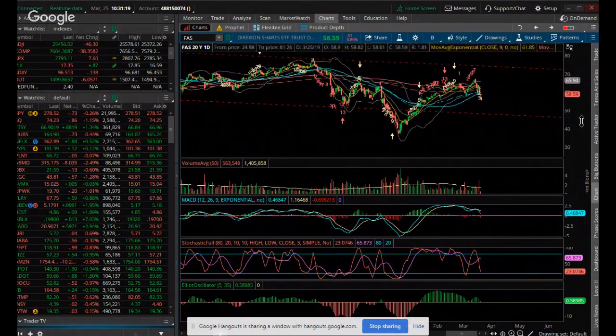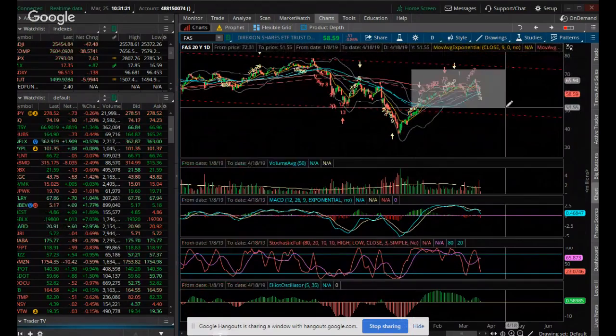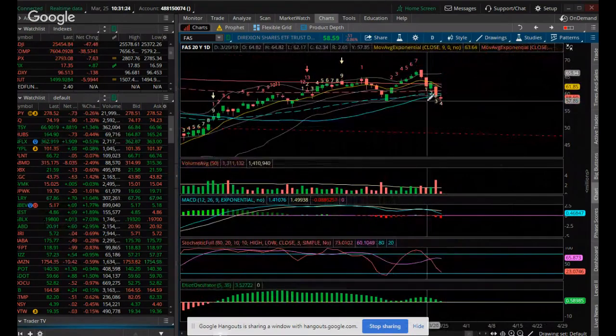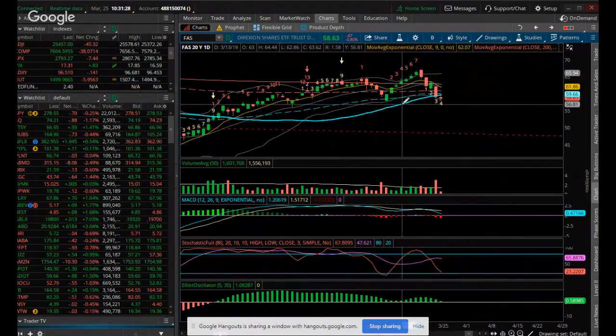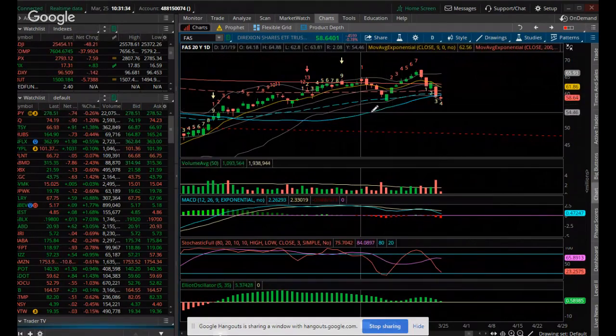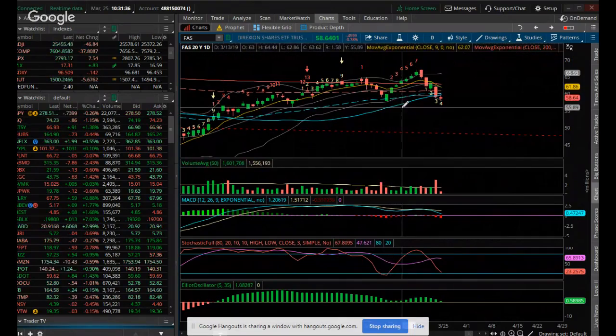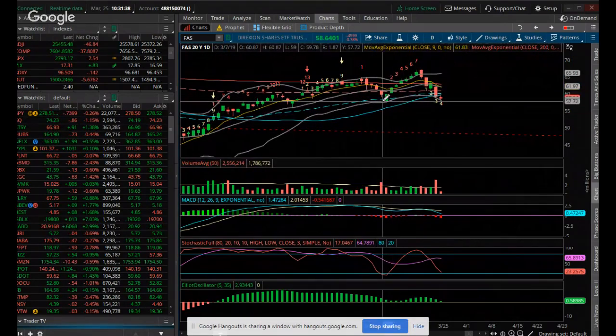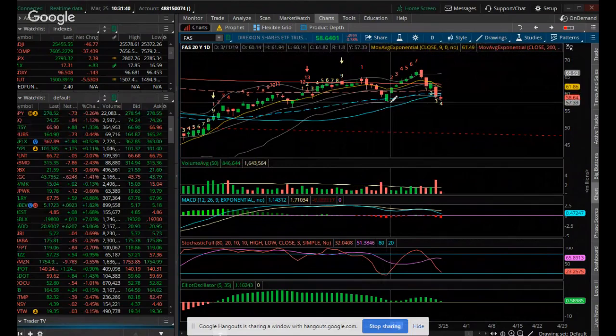Just to briefly talk about some of these indicators. To make it simple, the 50-day moving average is just basically an average of the daily prices of the stock over the last 50 days, and that's encapsulated in this line. And that's where some of the initial support comes in.